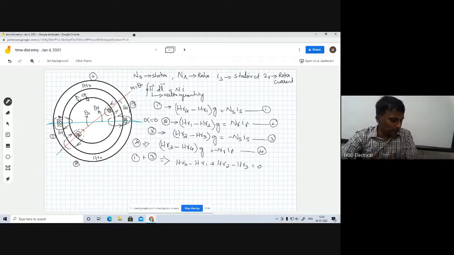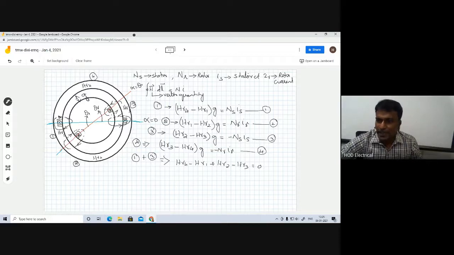So from this we can conclude that, assume the relative permeability of this material, mu r, is equal to infinity.